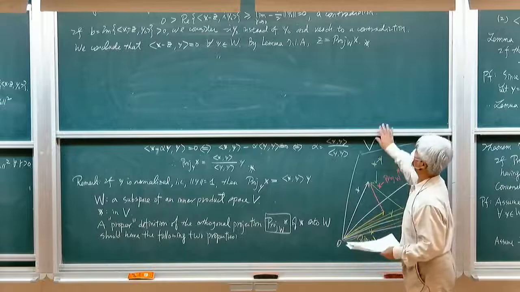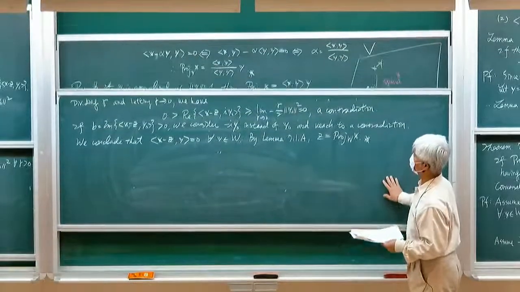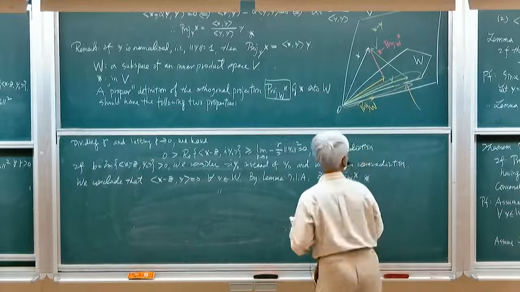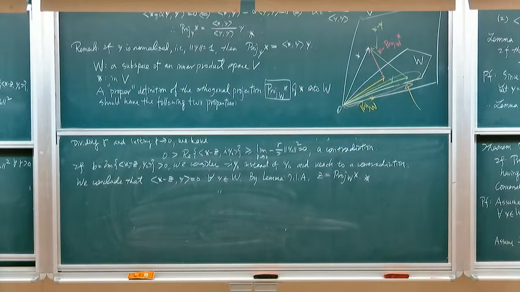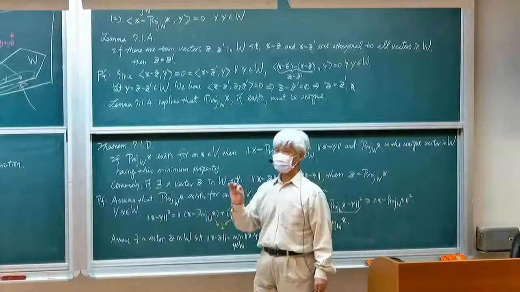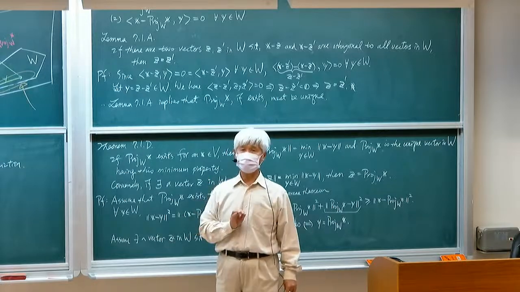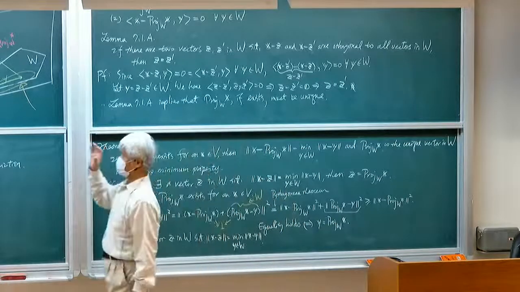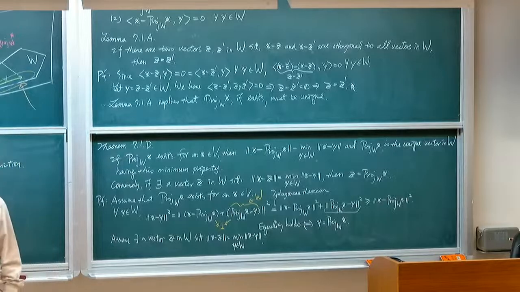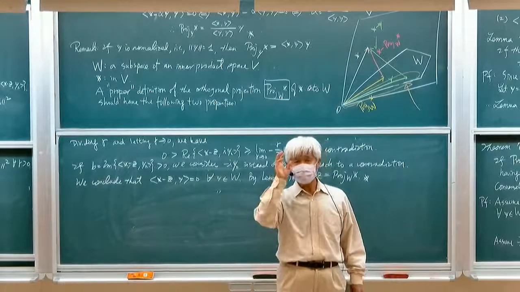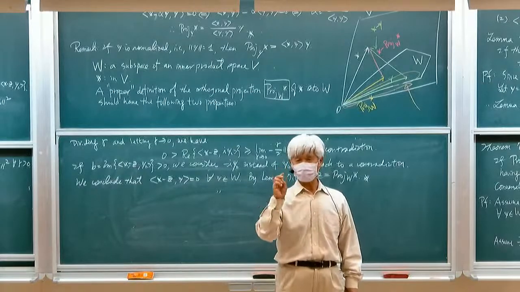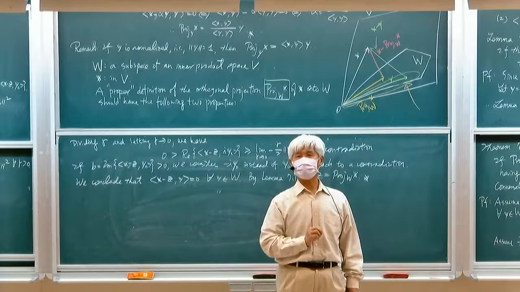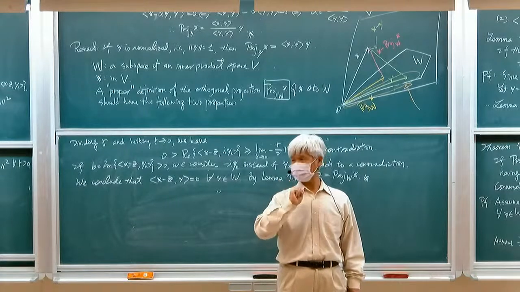Okay. All right. So we just proved that the minimum property is equivalent to the orthogonality property. Even though we are now considering a general inner product space, the geometric concept is exactly the same as in the Euclidean geometry more than 2,000 years ago.